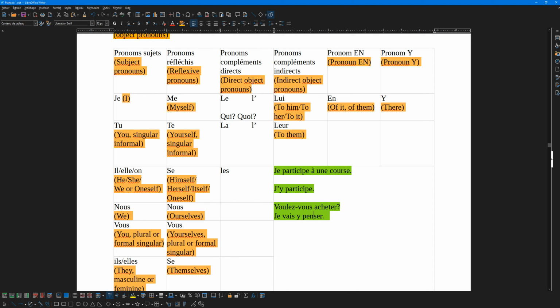Because actually, what's happening in your head is you're saying, je vais penser à acheter. I will think about buying. So actually, it is penser à, think about something. So in this example, after the verb there's an accent grave, and you're thinking about the action.